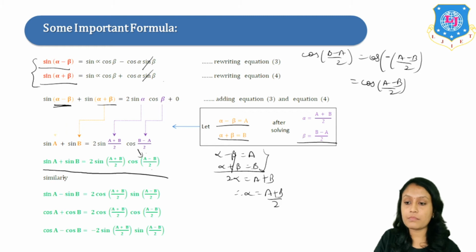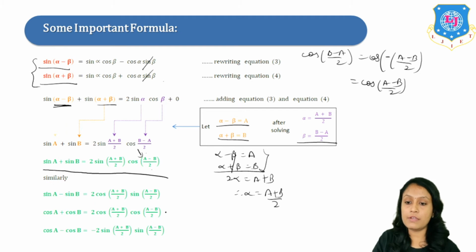Similarly, we can find sine A minus sine B as 2 cos A plus B by 2 sine A minus B by 2. Cos A plus cos B as 2 cos A plus B by 2 cos A minus B by 2, and cos A minus cos B as minus 2 sin A plus B by 2 sin A minus B by 2.